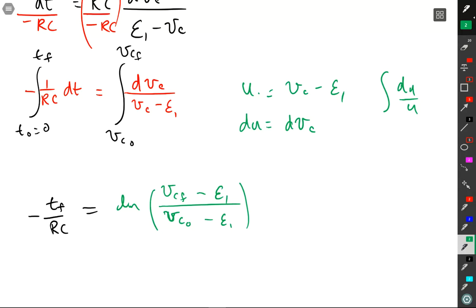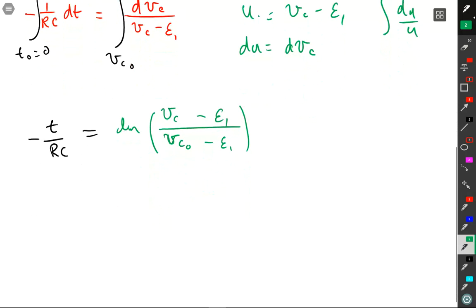And now we're almost done. Because what are we trying to solve for? VC. Yeah, VC. Just making sure that we remember that. Let me drop off the finals now that we're out of the integral.